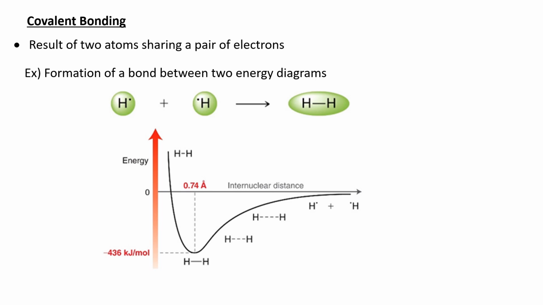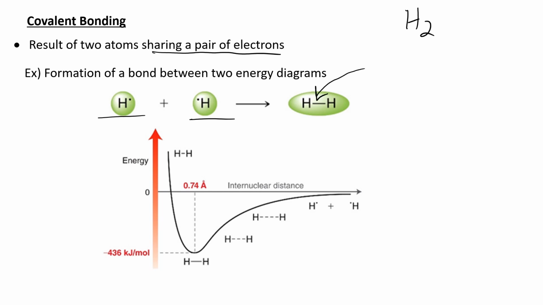Let's focus on covalent bonding because it is the primary bond type that we're going to be dealing with in organic chemistry here. Remember, covalent bonding is the sharing of a pair of electrons. So let's look at hydrogen. If two hydrogen atoms come together to form a bond to make H2, we get a covalent bond.